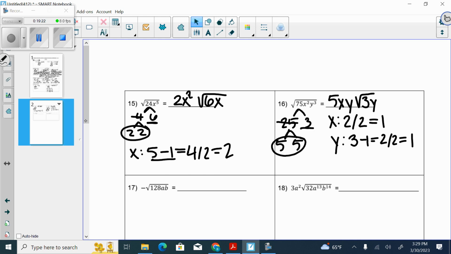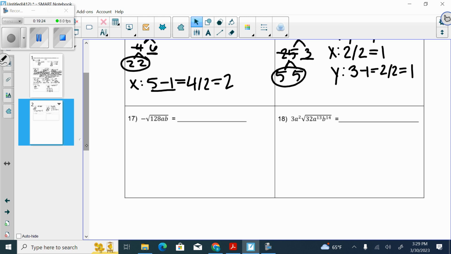Okay, 17, right here. Is there a perfect square root of 128? No. Okay, so what multiplies to give us 128? 2 and 64. Okay. And what multiplies to give us 64? 8 and 8. Very good. So 8 and 8, what's that?